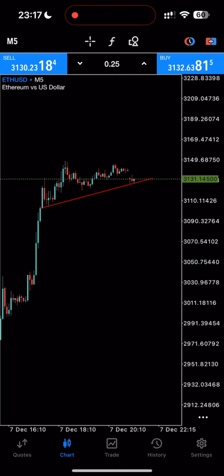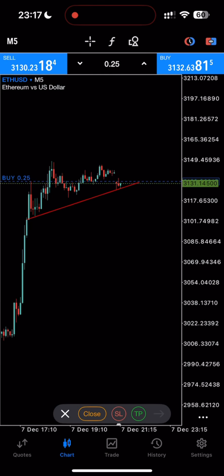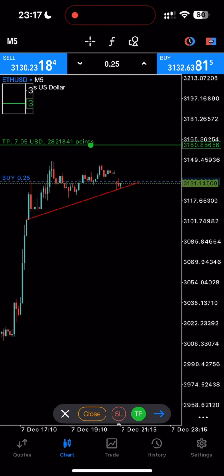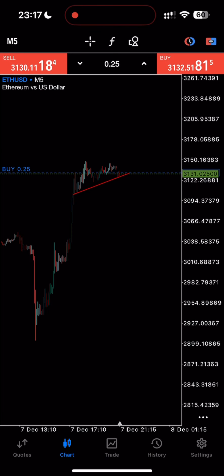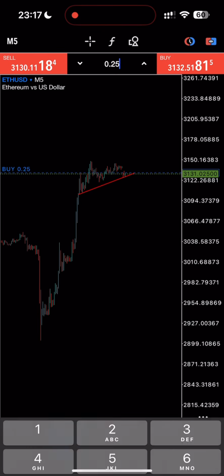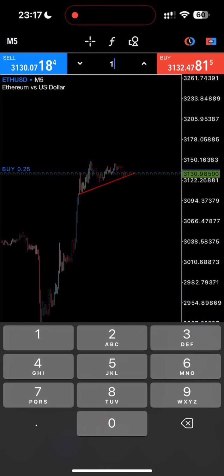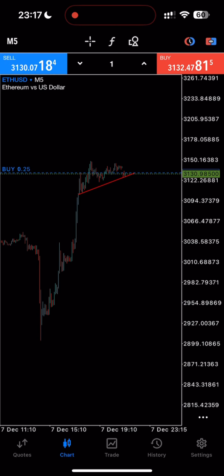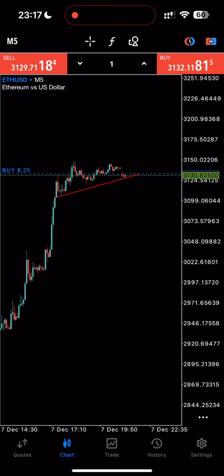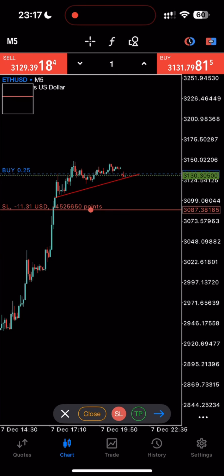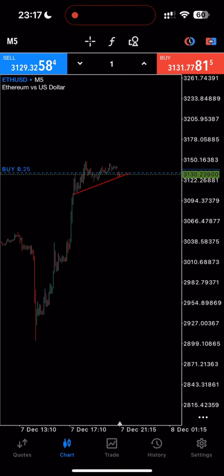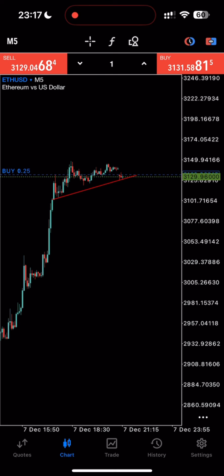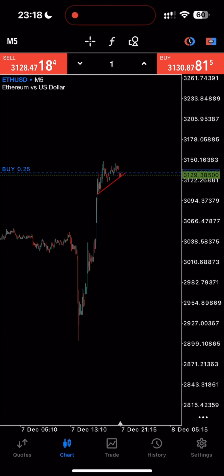All right. So I've placed a low lot size, 25 cents. I'm just going to enter another one. No risk, no Ferrari. So we need to practice doing our risk management. My account is big. It can withstand the pressures of the volcano.